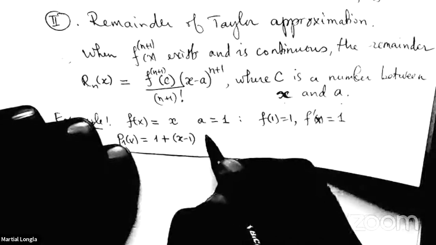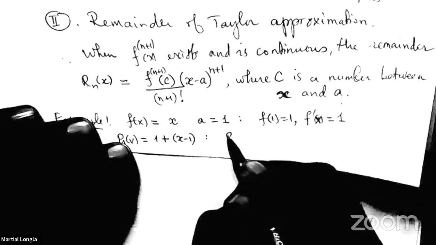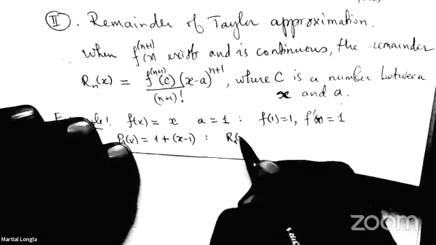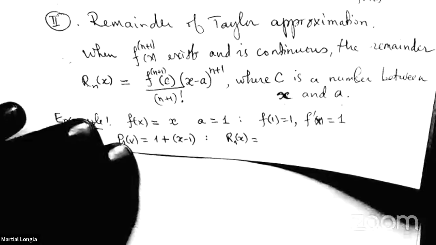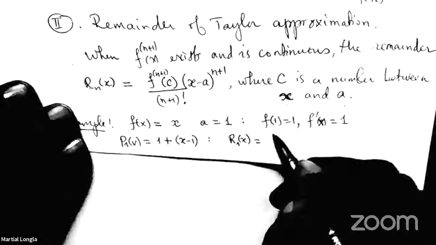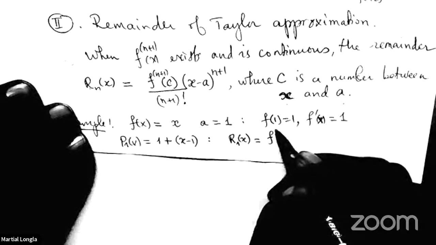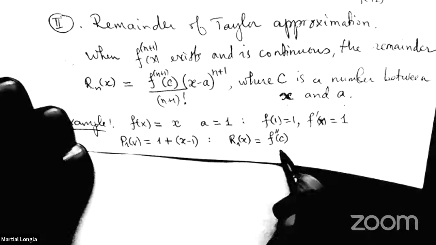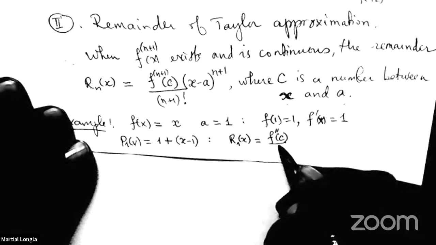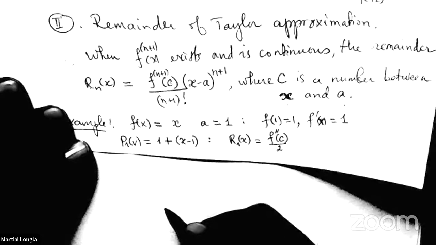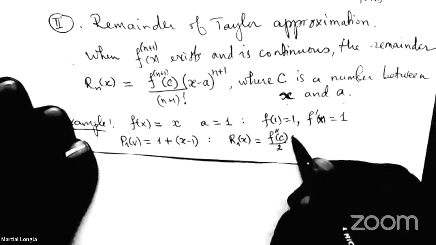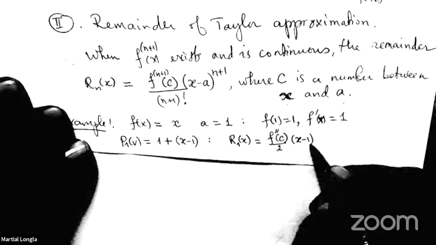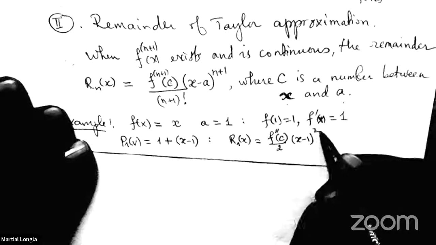So in this example, we would say r1 of x is, n is 1, that would be the second derivative at some point c divided by 1 plus 1 factorial, which is 2, times x minus 1 squared.